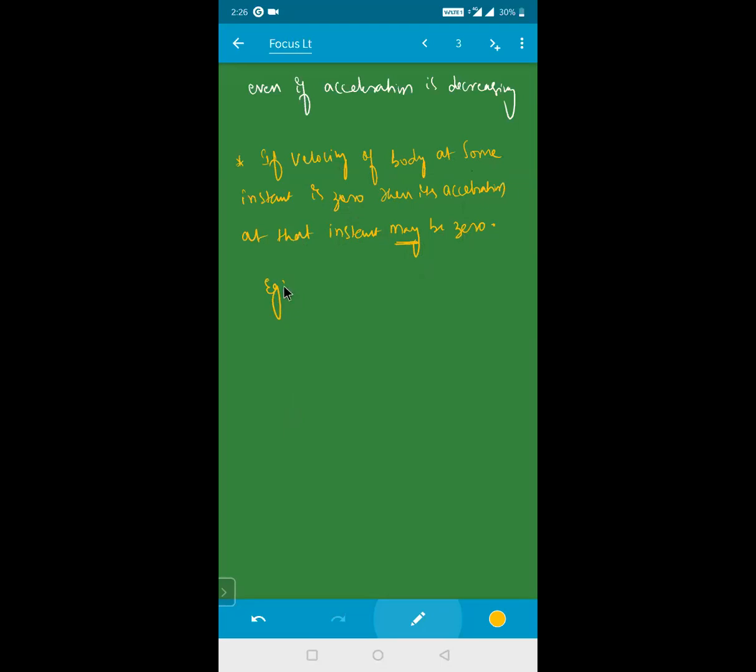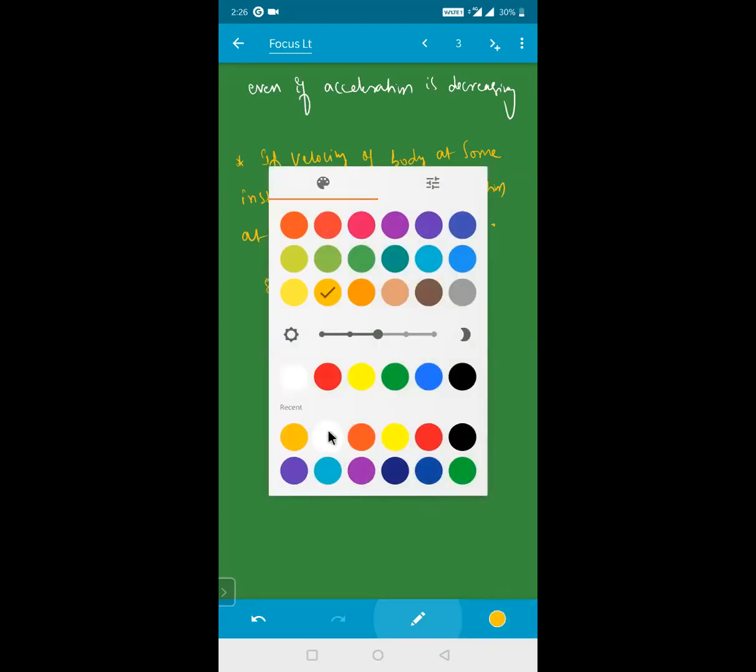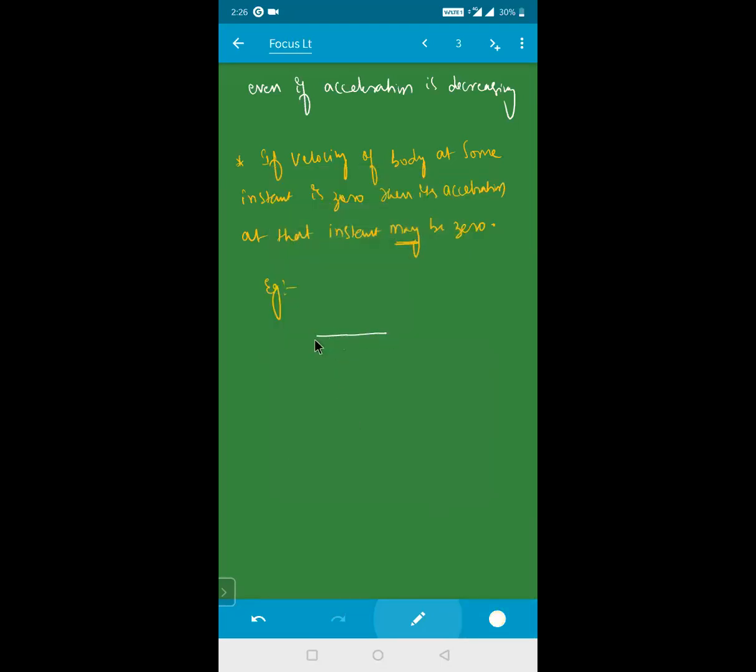Can you give me one example? Vertical projection. If a body is projected vertically upward from the ground, at the highest position the final velocity is how much? Zero. But the body still has the acceleration due to gravity in the downward direction.